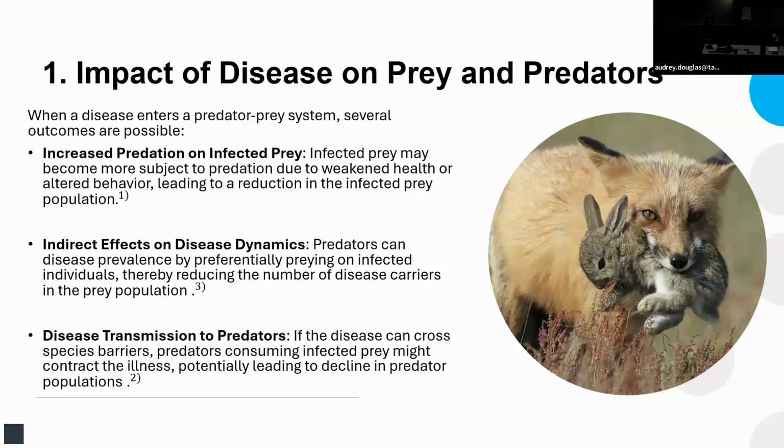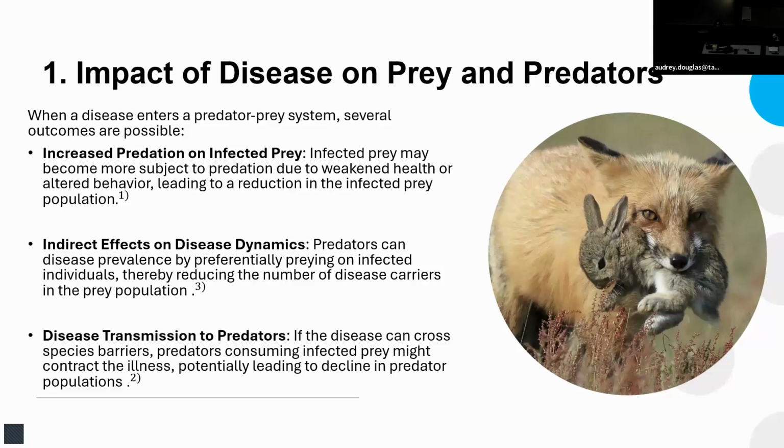And then third is disease transmission to predators. If the disease can cross species barriers, the predator consuming the infected prey might contract the illness, potentially leading to a reduction in the predator population.